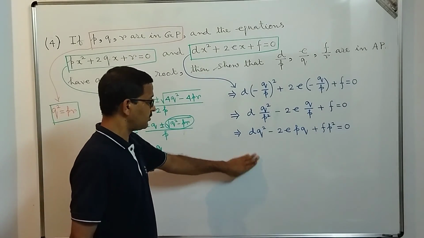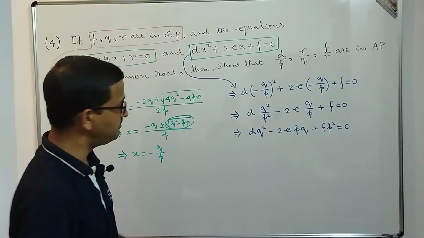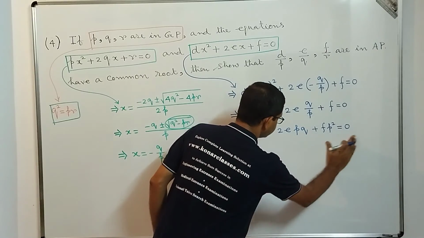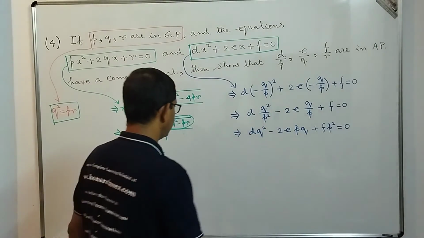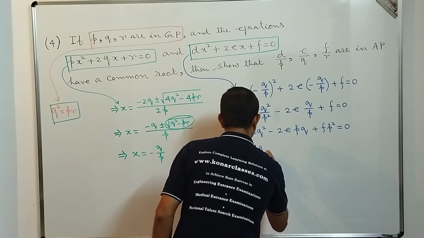Now what we are going to do is divide both sides by p into q square. So that implies, dear students, we get dq square divided by p into q square.